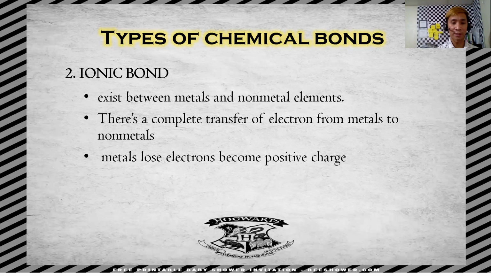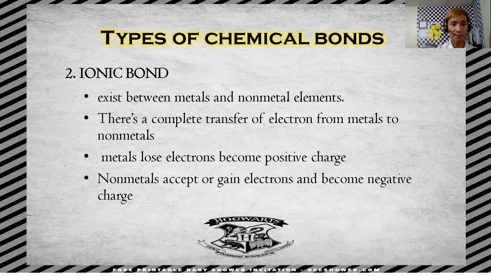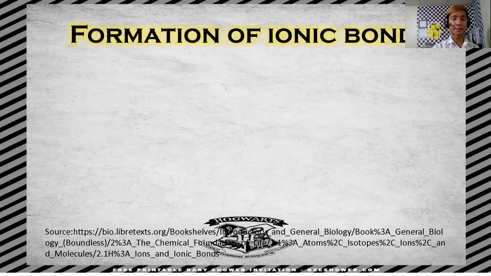Once you lose electrons, that is considered a positive charge, or a positive ion. Nonmetals accept or gain electrons and become negatively charged. So metals have a positive charge and nonmetals have a negative charge. The metals give up electrons, and the nonmetals are the ones who accept electrons from the metals. That is ionic bond.